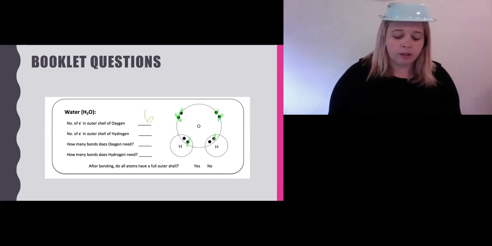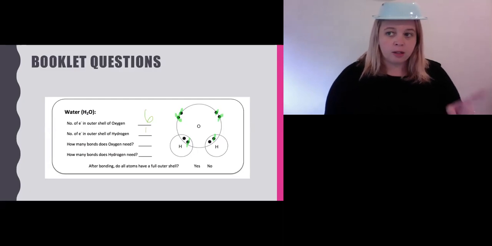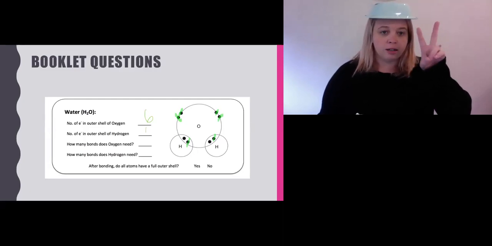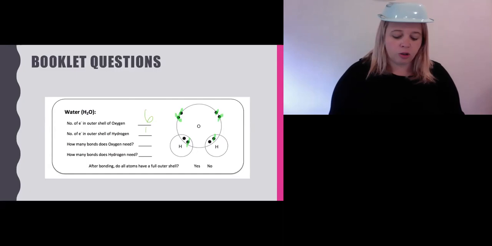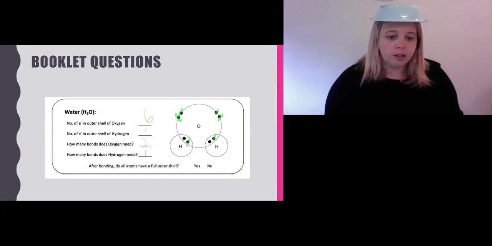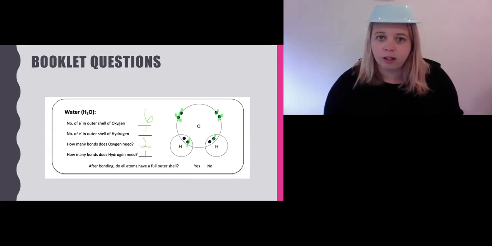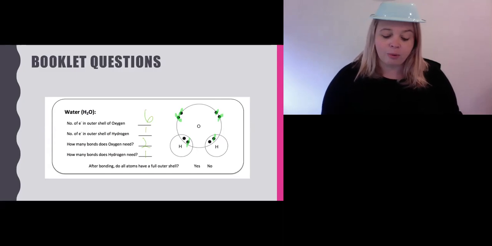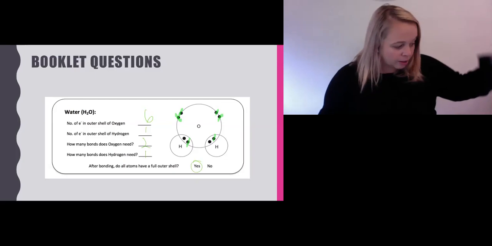How many in the outer shell of hydrogen? There should be 1. How many bonds does oxygen need? It's going to need 2. How many bonds does hydrogen need? It's going to need 1. So each hydrogen can fill one of those bonds for the oxygen, and you end up with full outer shells. Yay!